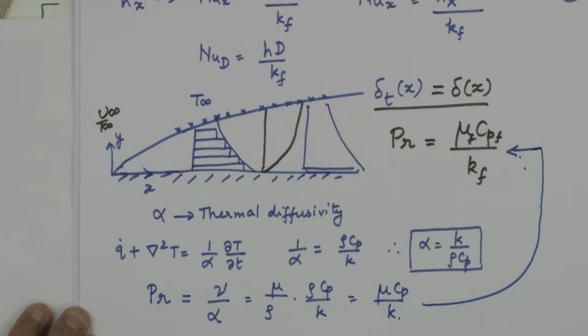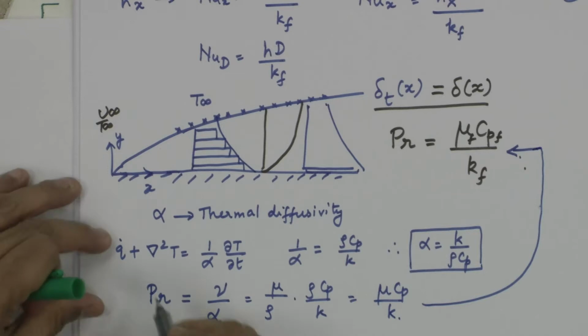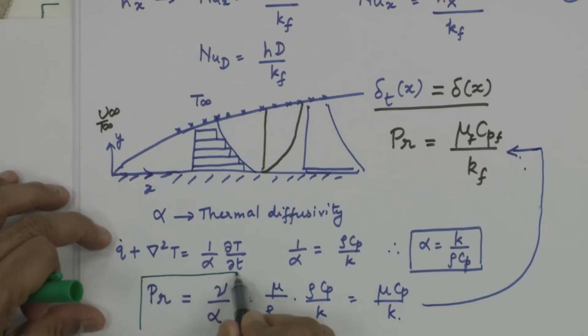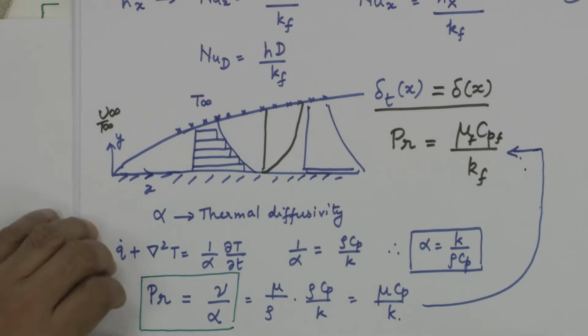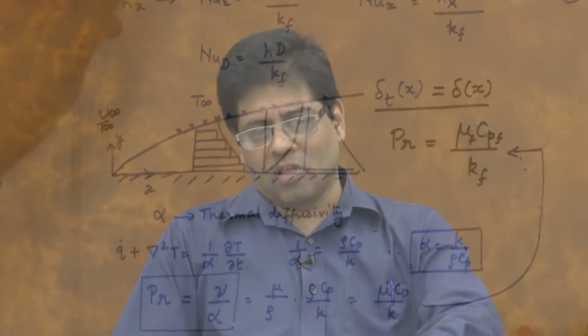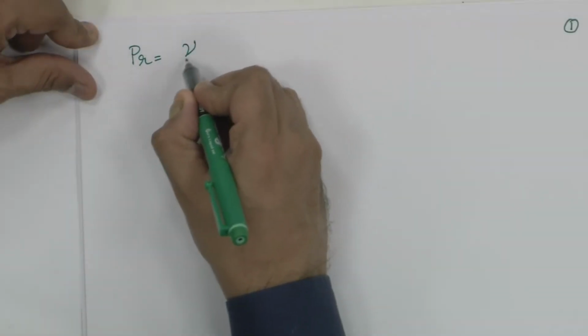So, this definition nu over alpha is very significant. Why so? What is there in the numerator is viscosity, and in the denominator is thermal diffusivity. What does it tell me? Prandtl number equals nu over alpha.